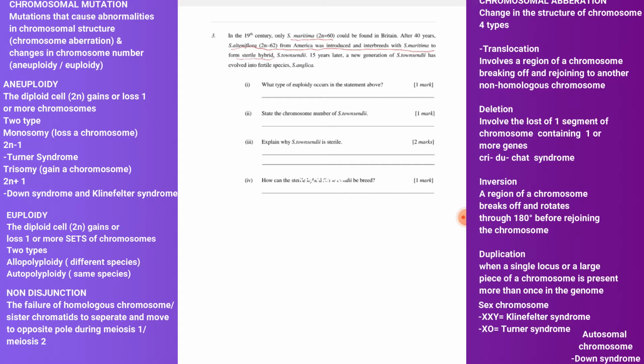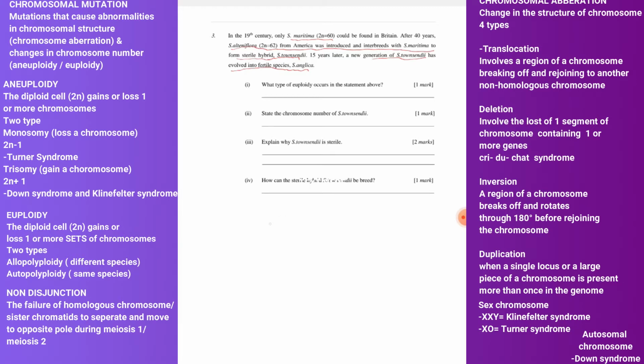So S. townsendi is sterile. 50 years later, a new generation of S. townsendi evolved into the fertile species S. anglica. After some years, S. townsendi evolved and produced a species that is not sterile, that is fertile, which we call S. anglica. What type of euploidy occurs in the statement above?